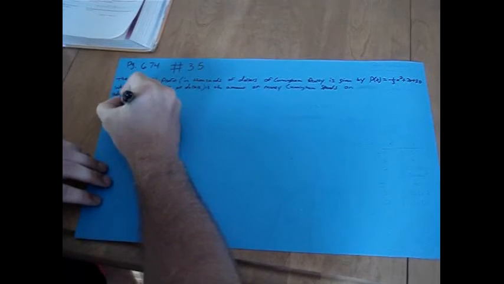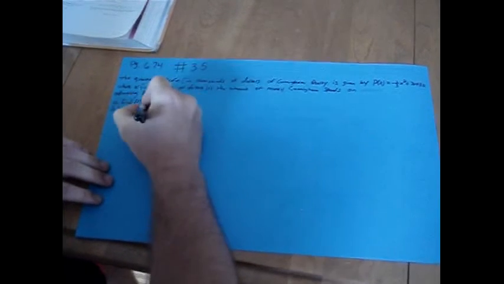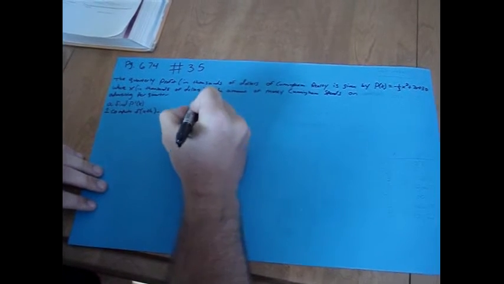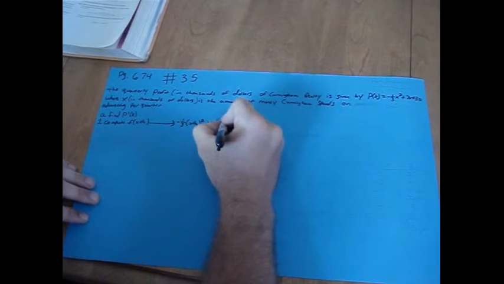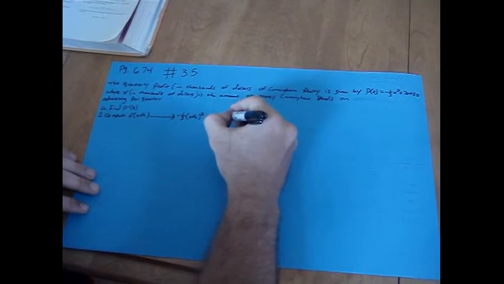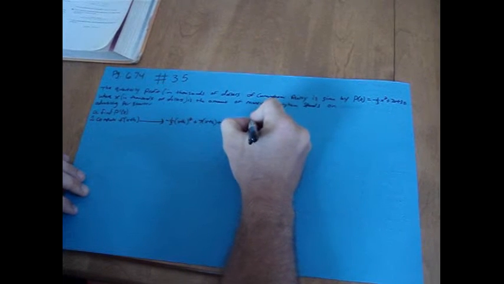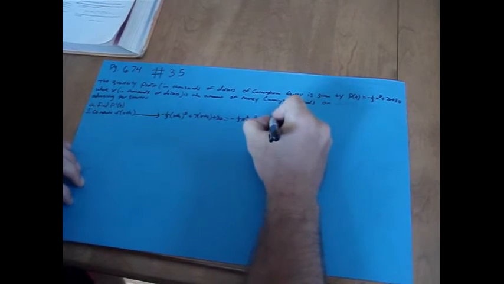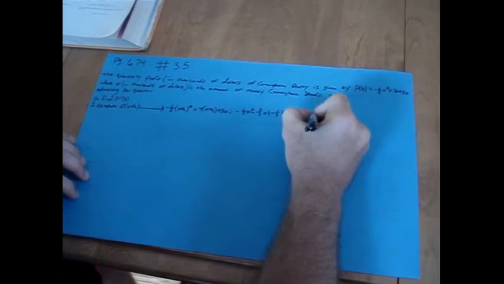So the first step would be to compute f of x plus h, which is negative 1/3 (x plus h) squared plus 7 times (x plus h) plus 30, which equals negative 1/3 x squared minus 2/3 xh minus 1/3 h squared plus 7x plus 7h.